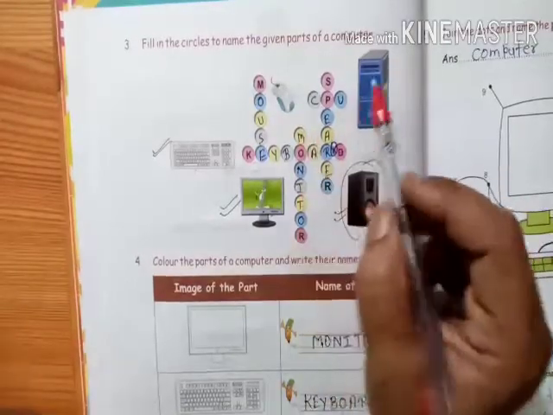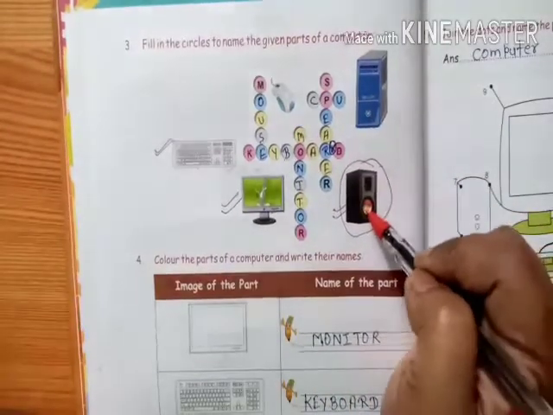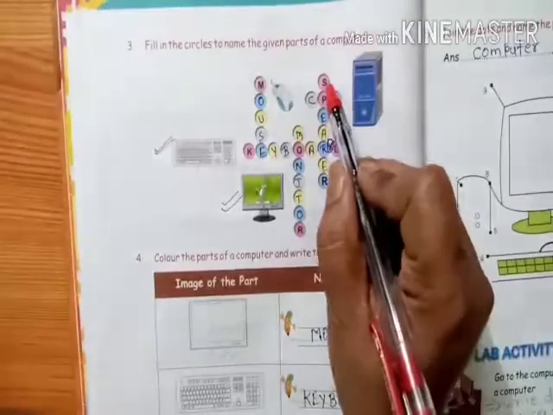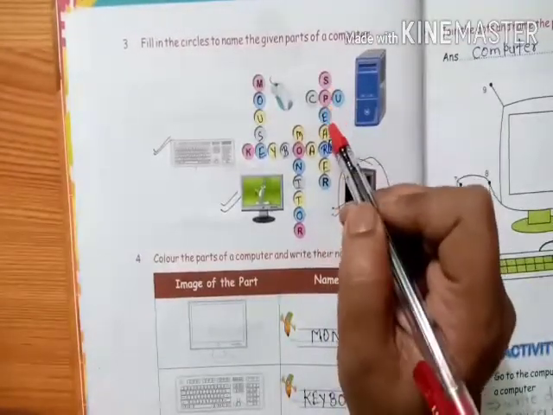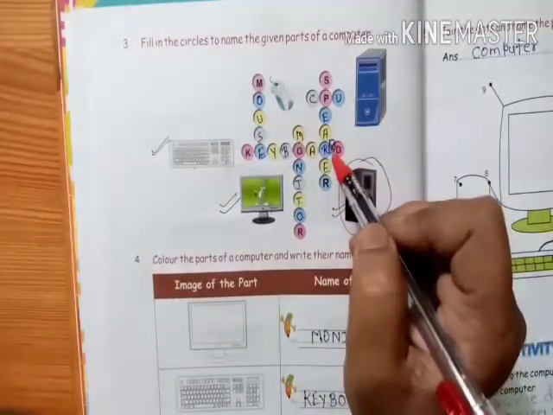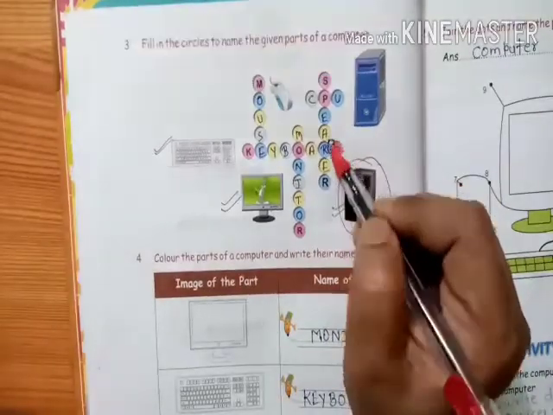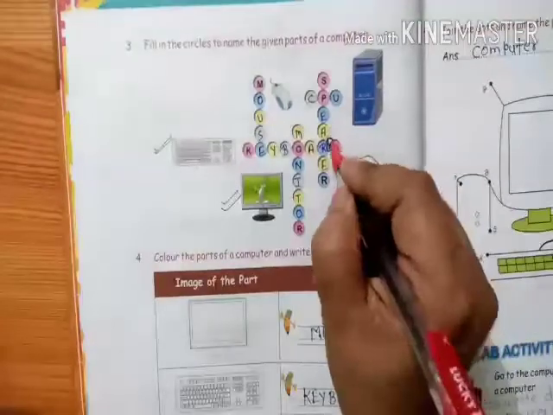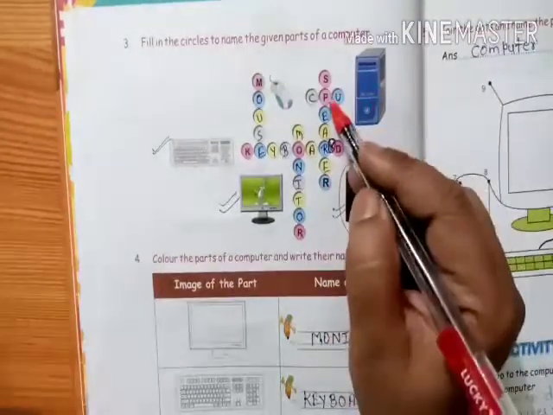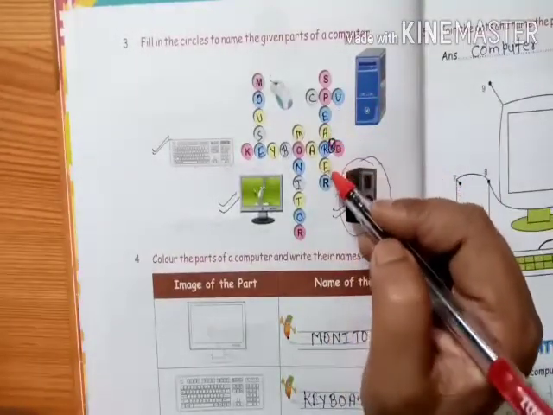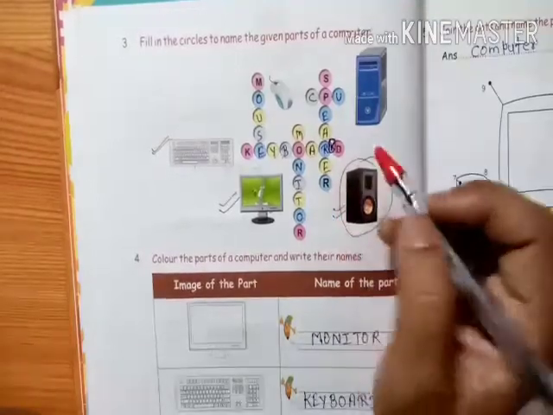You have to find out where we have to start to write the speaker. From here, SPEAKER. One circle you have to add here. It is missing KER. SPEAKER, speaker.